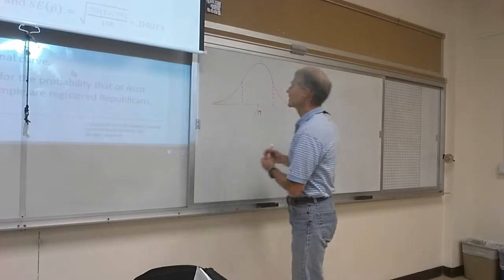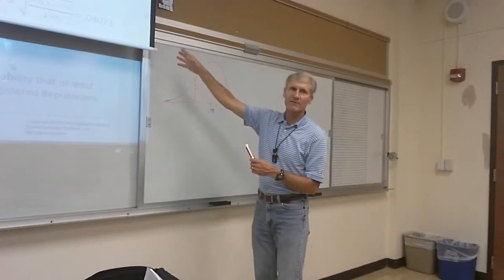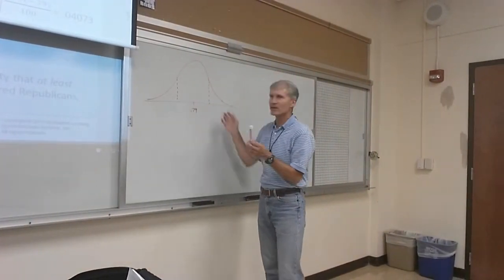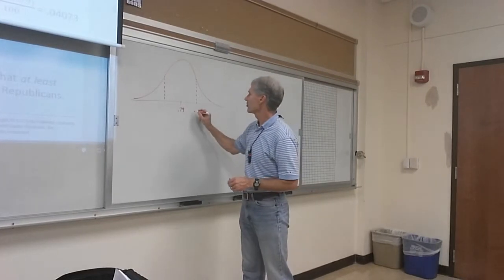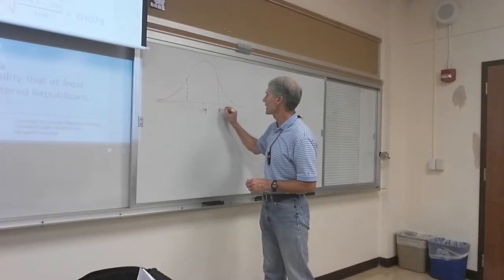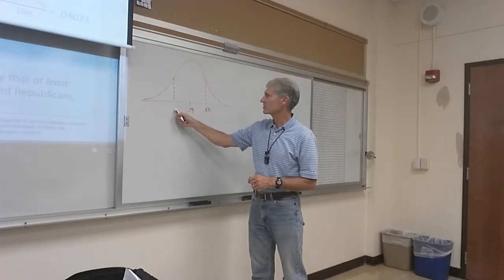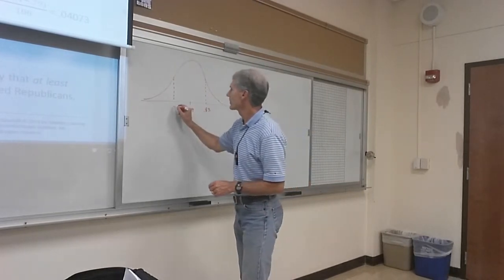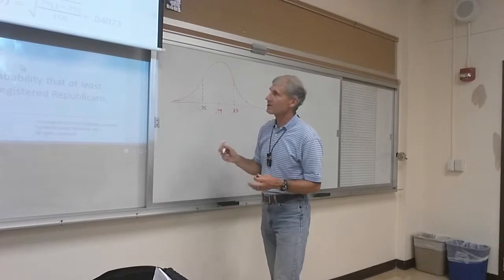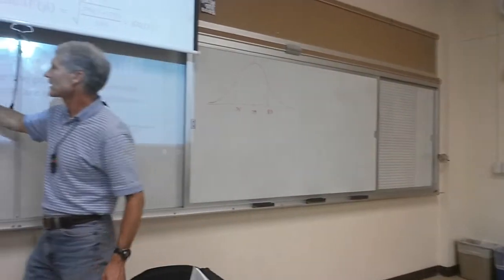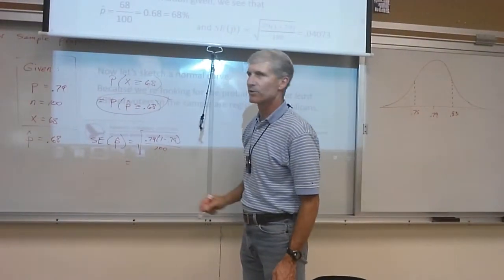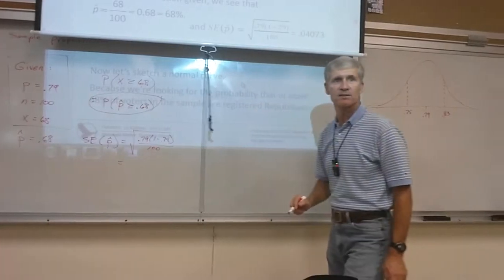I'm not going to bother with the 073 on the end; for my drawing, 0.04 is good enough. So 0.04 takes me to 0.83, and in this direction it would take me to 0.75. Now I'm ready to look at what they want the probability for and shade it.